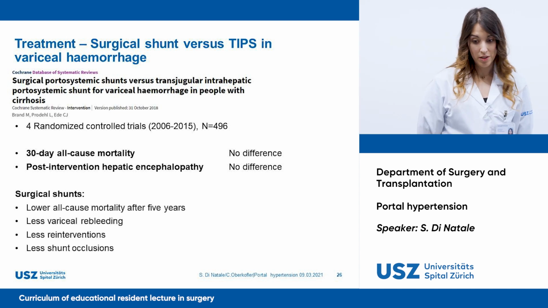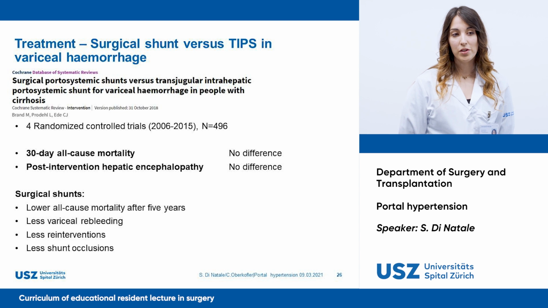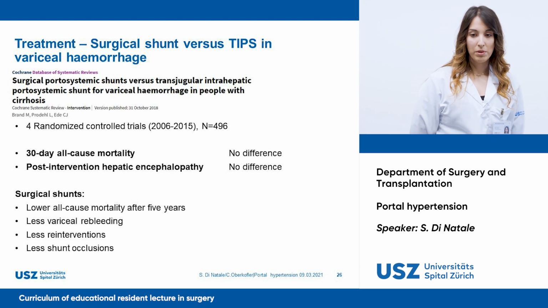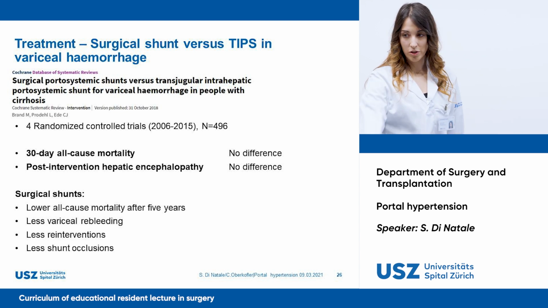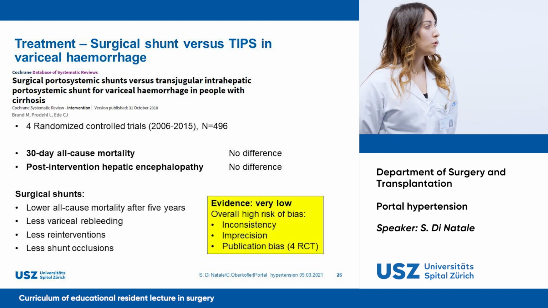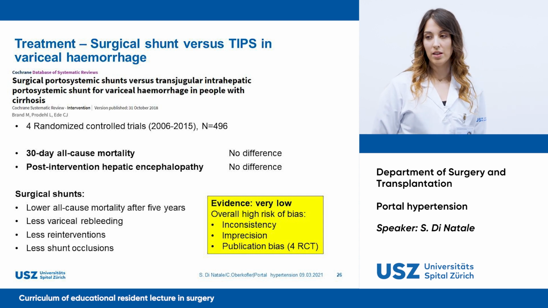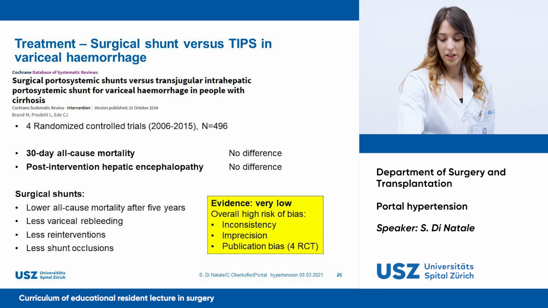Patients who received surgical shunts had a lower all-cause mortality after 5 years and less variceal rebleeding, reinterventions, and shunt occlusions. But this evidence is very low due to an overall high risk of bias because of inconsistency, imprecision, and a publication bias.